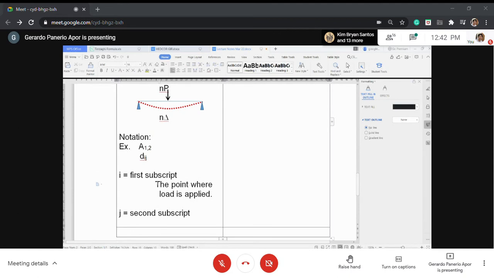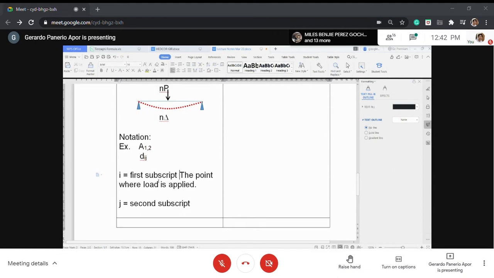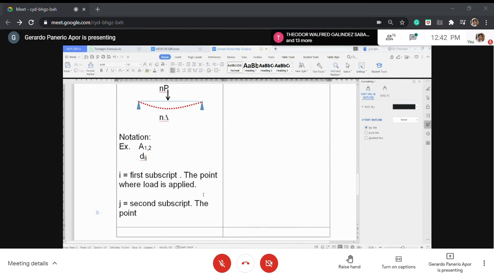First subscript is the point where the load is applied. What about the second subscript? It is still a point, no? It is still the point where deflection is observed. Okay? Where deflection is observed.